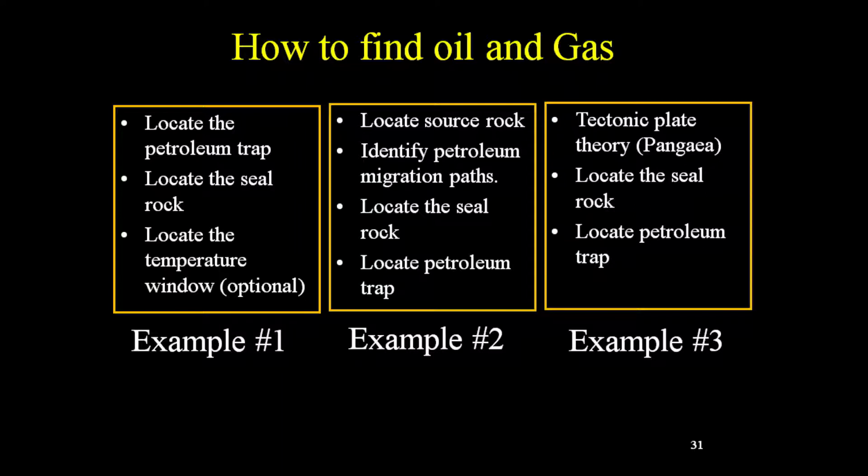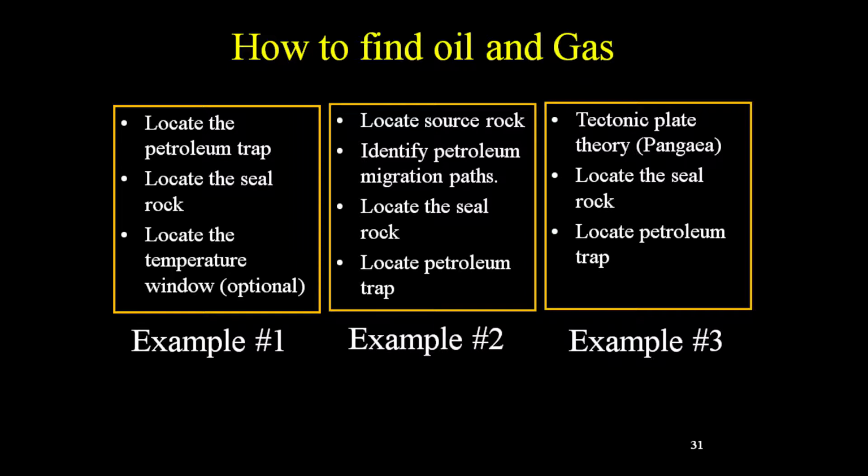In the next example, you are finding oil by locating the source rock and identifying the migration path. Locating the sill rock and the golden zone are optional in this example, but again, they improve the accuracy of finding oil, much like in the previous example. In the last example, you are finding oil with tectonic plate theory, which we've learned in previous classes.